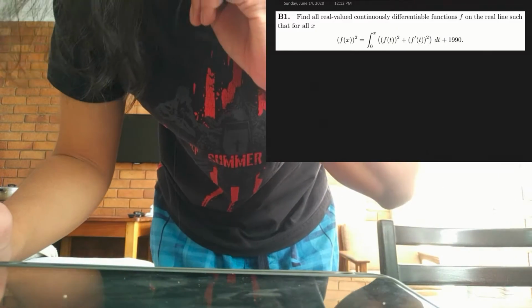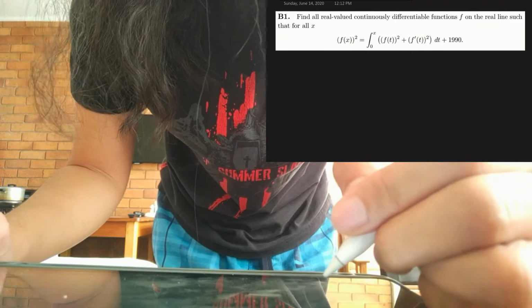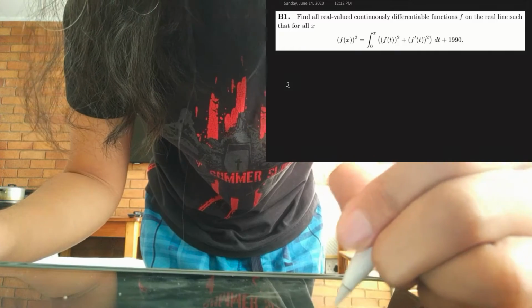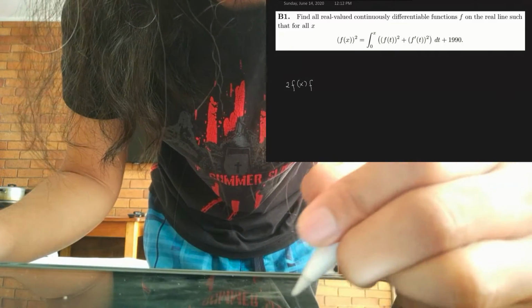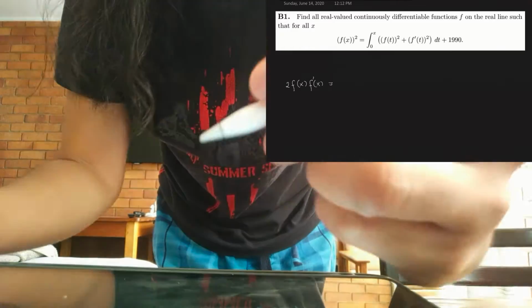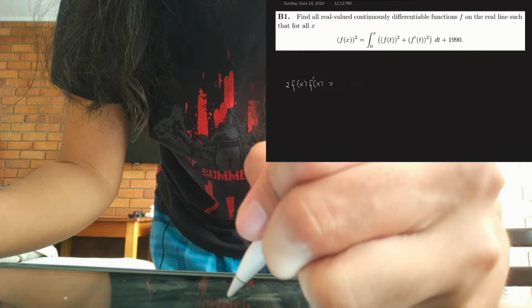To get rid of the nasty integral, we can take the derivative of both sides. On the left hand side you get 2 f of x multiplied by f prime of x, by chain rule. On the right hand side, since x is one of the limits, the derivative is just the integrand evaluated at x.